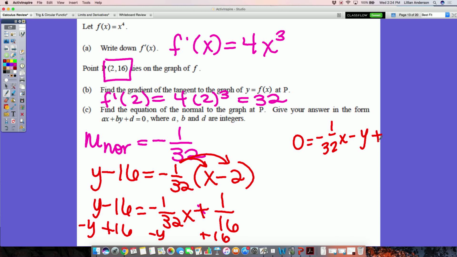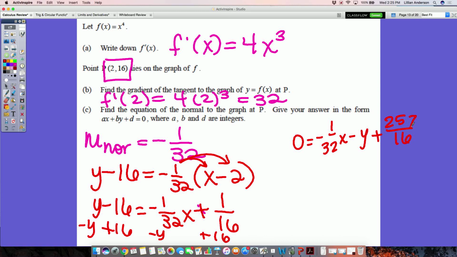That doesn't sound right. What's 1/16 plus 16? That sounds a little better. 16. Do you want a fraction? Yep. 257 over 16. 257 over 16?